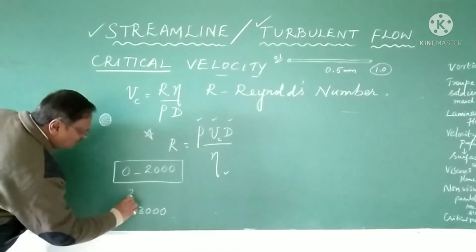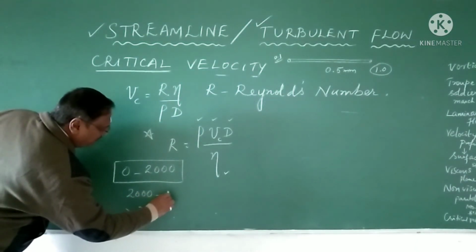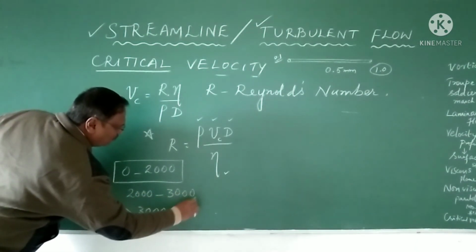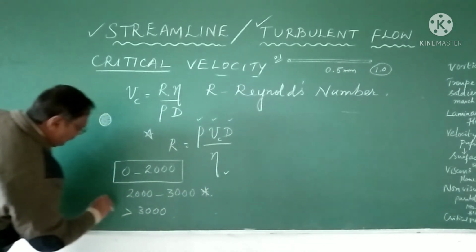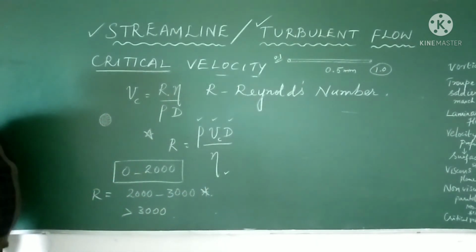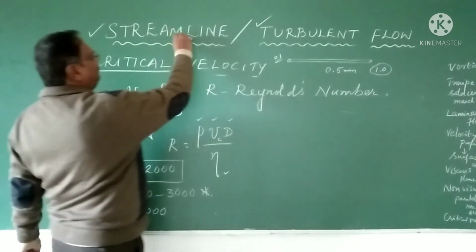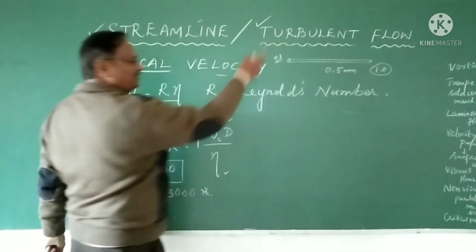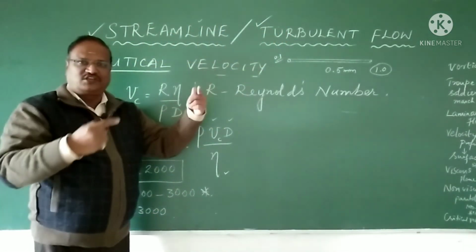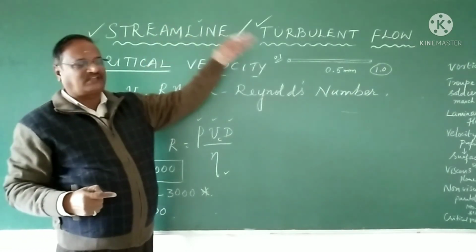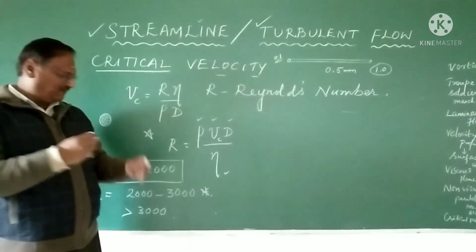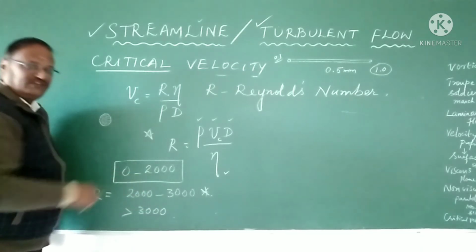And if the Reynolds number is in between 2000 to 3000, then the flow can be streamline or turbulent. It can change back and forth, sometimes streamline to turbulent and turbulent to streamline, that is happening in this range.